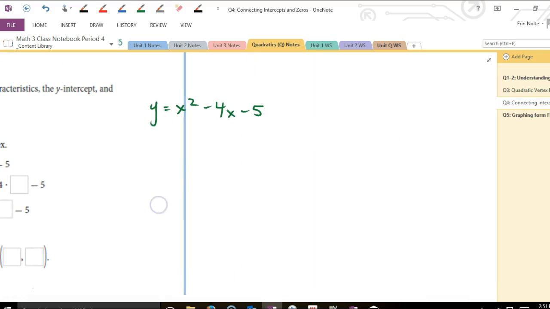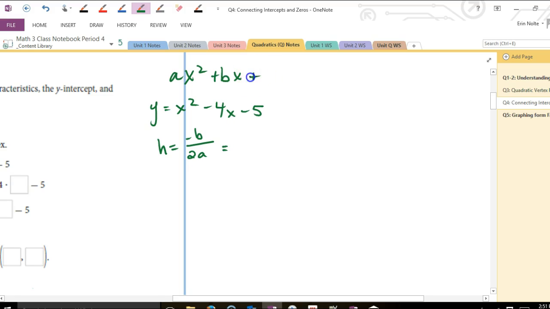If I was going to graph this from vertex form, I'm going to first figure out what the vertex is. To do that, I have to come up with the h value, which by definition is negative b over 2a. Remember that this is in the form ax squared plus bx plus c.